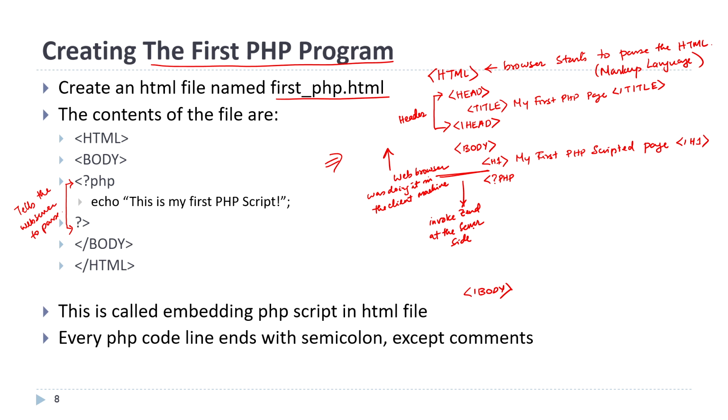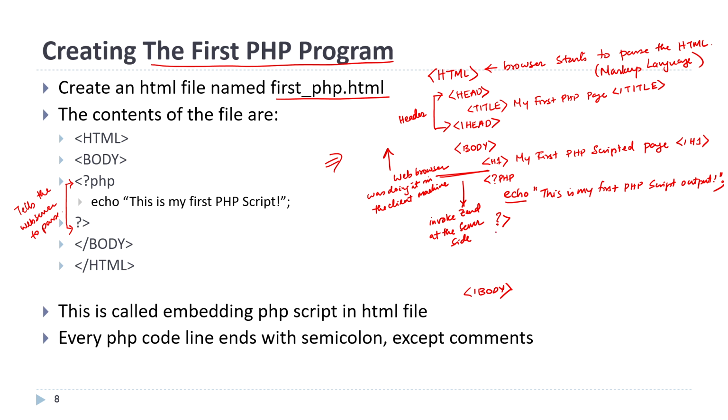So, in PHP, we use the keyword echo. Echo stands for print; it displays onto the screen what you give it within double quotes, such as this is my first PHP script output, or something like this. So, echo just displays it on the screen.